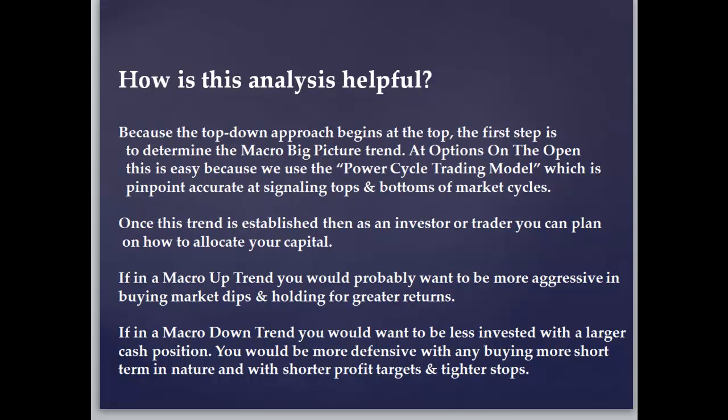Conversely, in a downtrend, you'd want to be less invested with a larger cash position. You would be more defensive with any buying and more short-term in nature with your profit targets and tighter stops. So if you have a good macro view and a good system that shows you the trend, then you can establish this type of trading plan or investment plan.